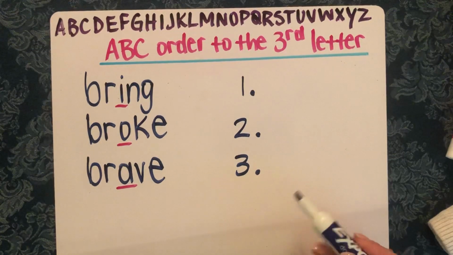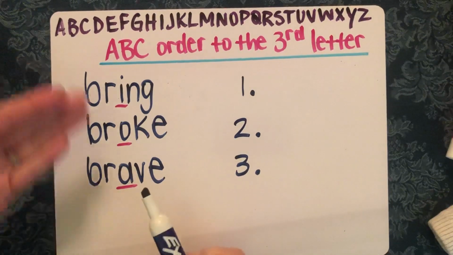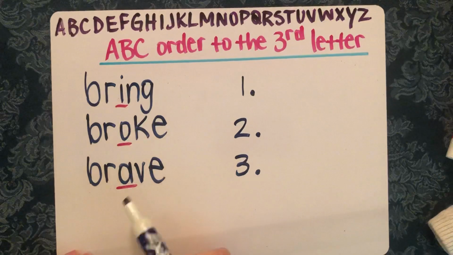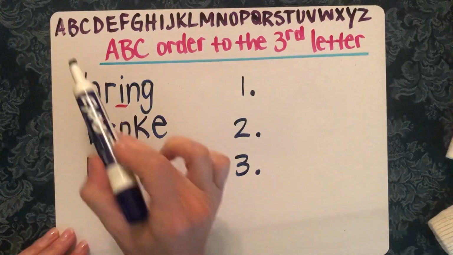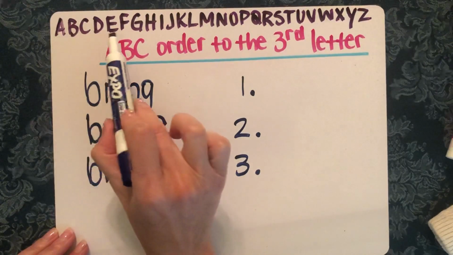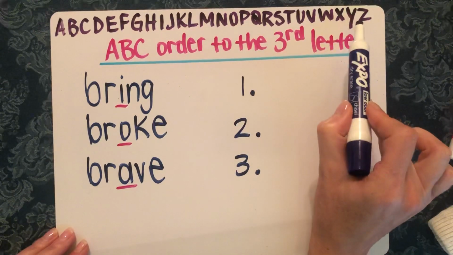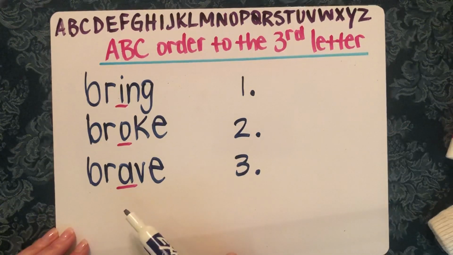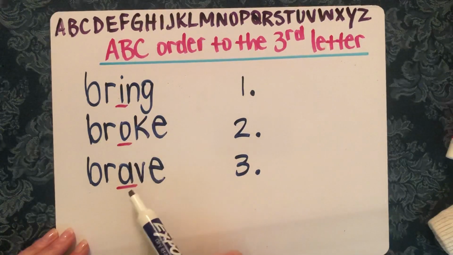Since they all begin with BR, we have to look at the third letter. Now we're going to ask ourselves, what comes first in ABC order? This is where you look up at your alphabet line and ask yourself, okay, what comes first in ABC order? We're looking at the third letter.